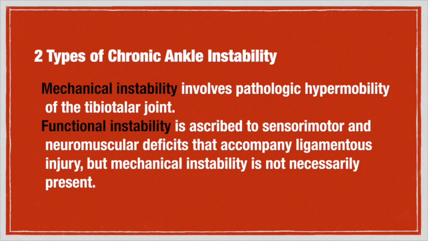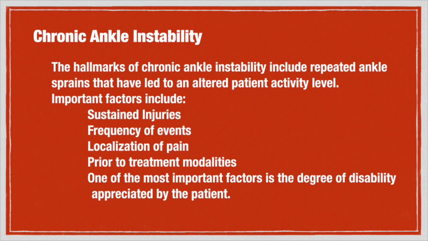Alternatively, chronic ankle instability has been described by Carrison as the subjective complaint of a patient, apprehension, or recurrent ligament sprain. This classification is supported by an increased reaction time of the peroneus longus muscle in unstable ankles. The hallmarks of chronic ankle instability include repeated ankle sprains that have led to an altered patient activity level.